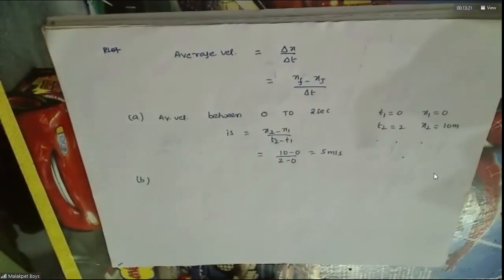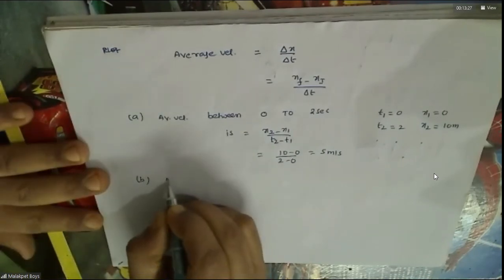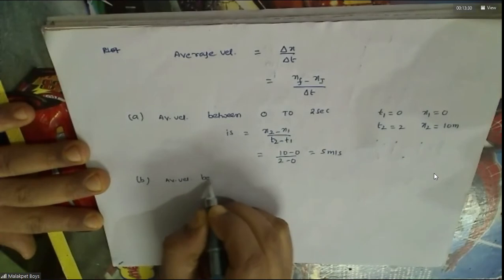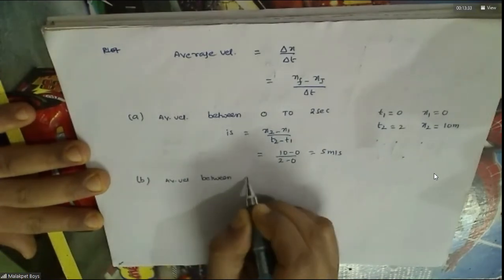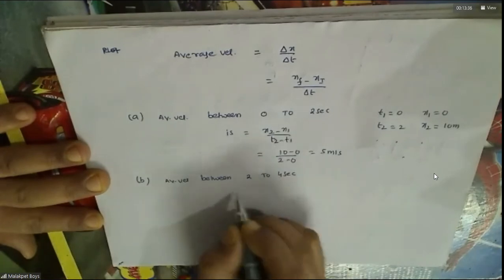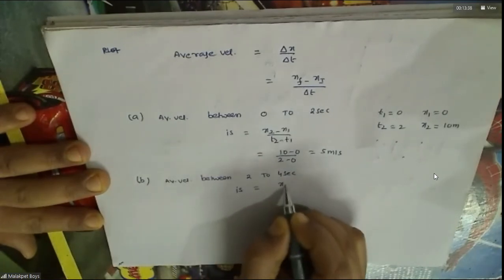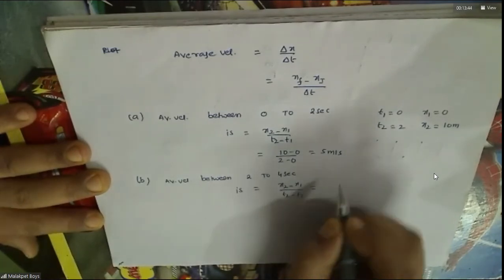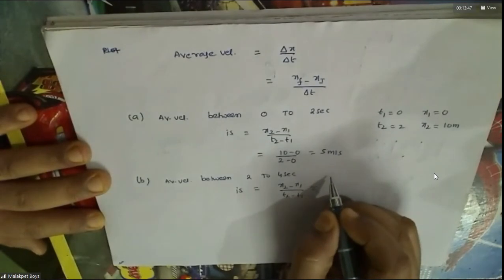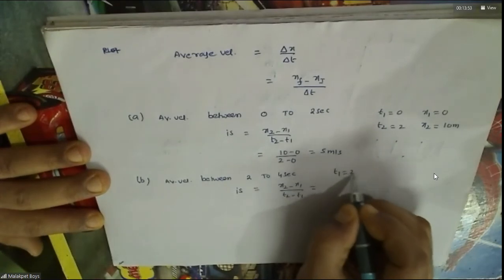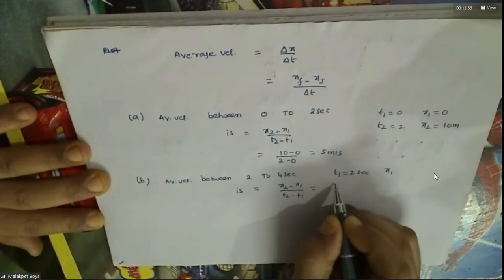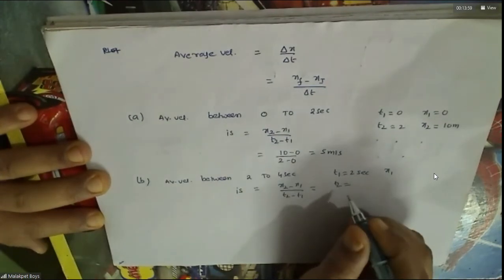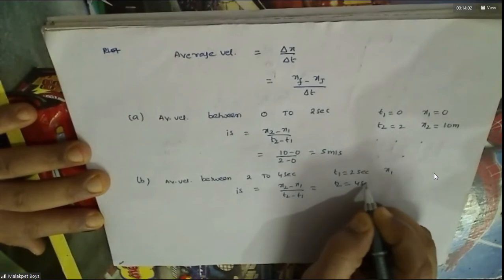Second one, do it quick. Average velocity between 2 and 4 seconds. At T1 equals 2 seconds, what is X1 from the graph? At T2 equals 4 seconds, what is X2?